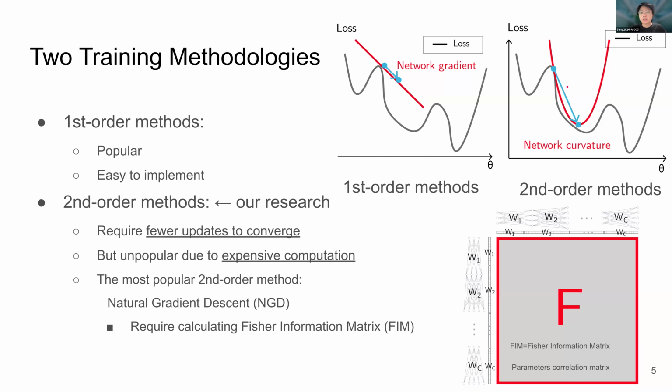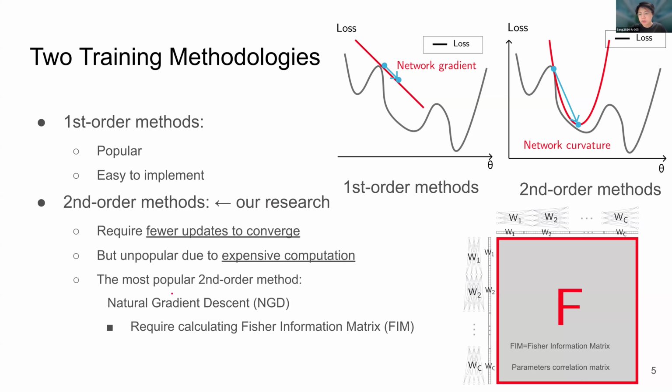In the second order category, the methods trace the network curvature to produce more efficient parameter updates. The methods in this category require fewer updates to converge, but they are also unpopular because of the expensive computations.